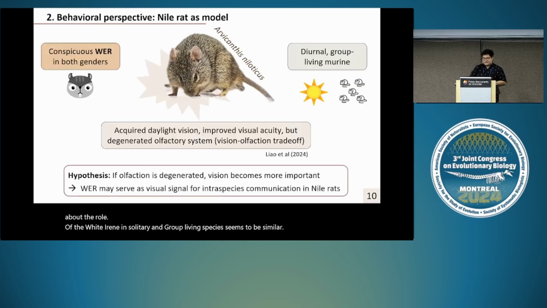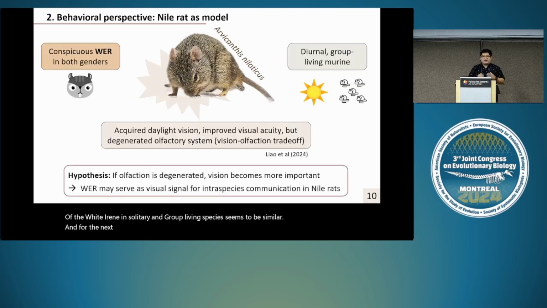As for the next perspective, which is the behavioral approach, we conducted experiments using the Nile rat, Arvicanthis niloticus, as our rodent model. Unlike brown rats and house mice, Nile rats are diurnal. They are social animals and possess a conspicuous white eye-ring in both genders.